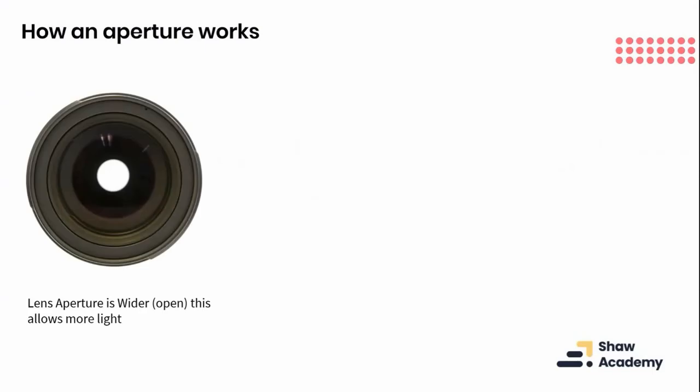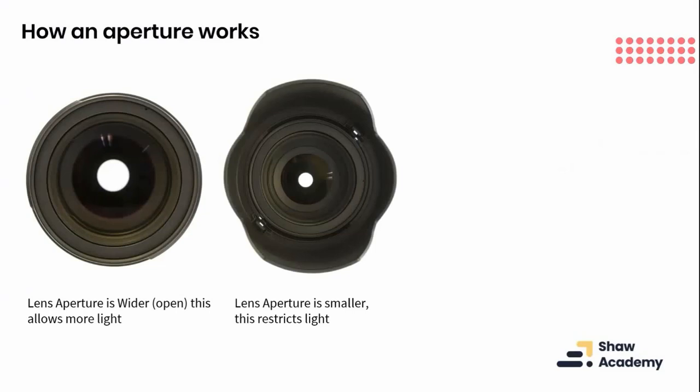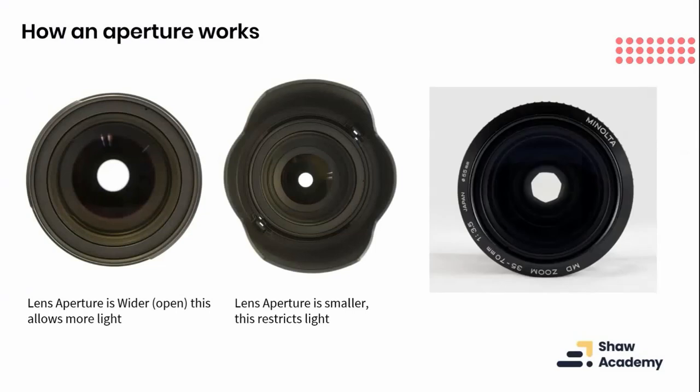So how an aperture works, well, basically, it's very straightforward. It works very similar to our eyes. When the aperture is wider, this allows more light to pass through it. So when you go into a dark room, or when it's nighttime, our pupils dilate, they get wider, they get bigger to allow more light to pass through, so we can see in the dark.